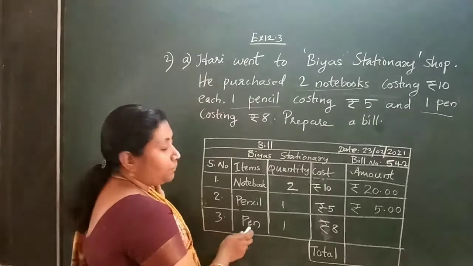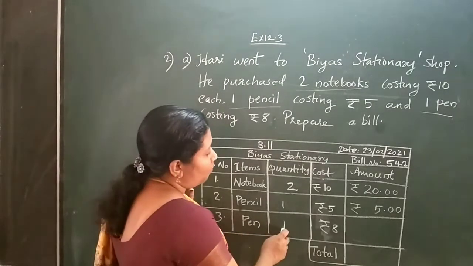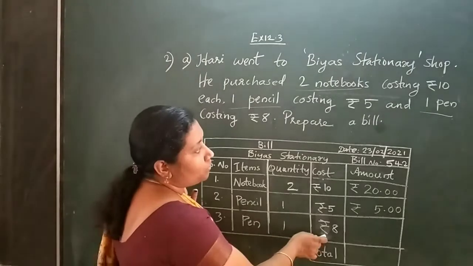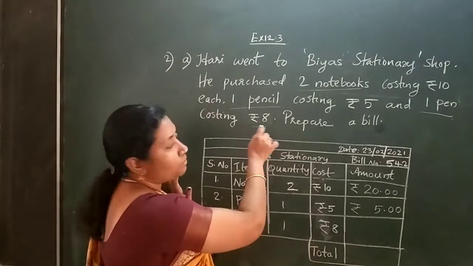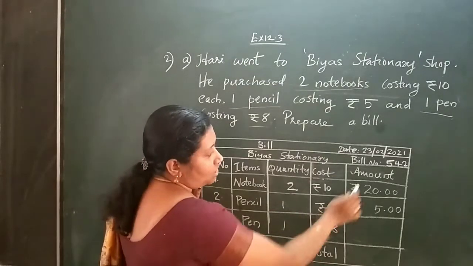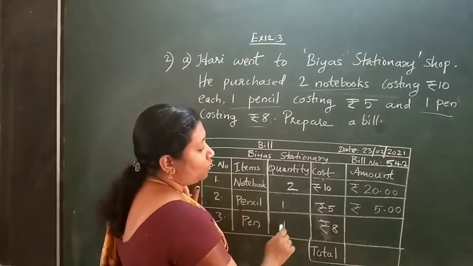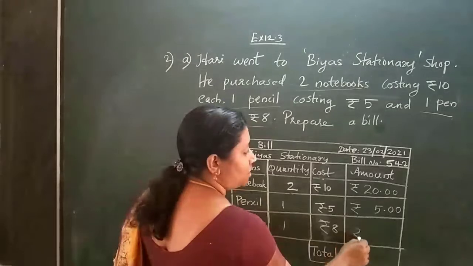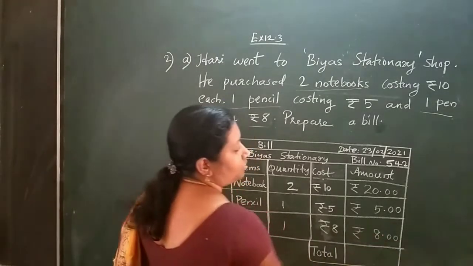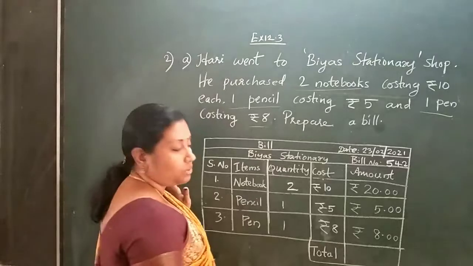Then third item, that is pen. How many pens? Only 1 pen. Then what is the cost of each pen? Cost of each pen is rupees 8. So what is the amount here? 1 into 8 is equal to 8. Or simply you put 2 zeros, otherwise also it is correct.